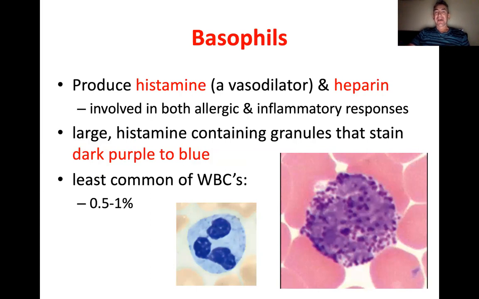So how do they do this? Basophils send this alarm sort of molecule, this vasodilator that we call heparin and histamine. I don't know if you have allergies. If you suffer from allergies, you take Claritin, you take Benadryl to sort of have the antihistamine response.